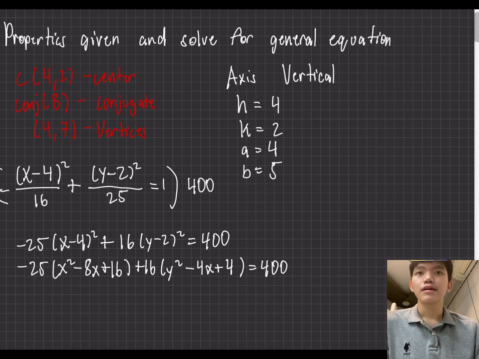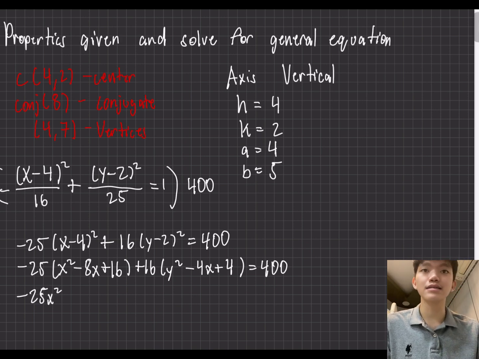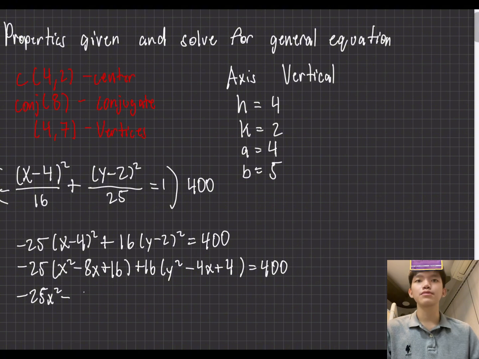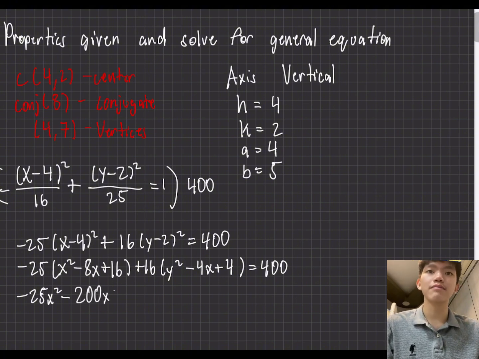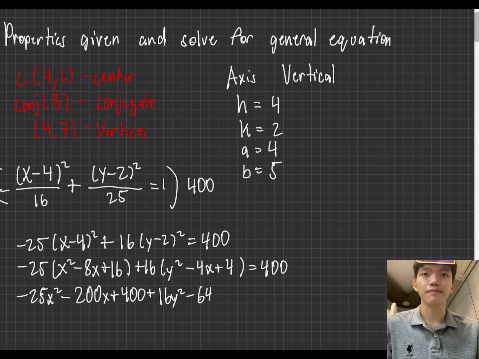So let's expand it more. So negative 25 times x squared will be negative 25x squared. Negative 25 times negative 8x is equals to positive 200x. And negative 25 times 16 will be negative 400.